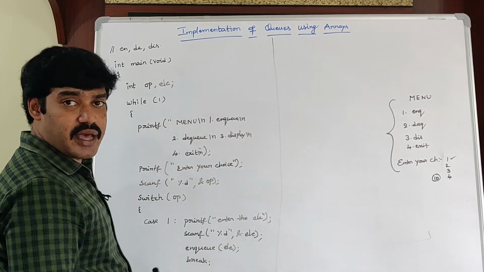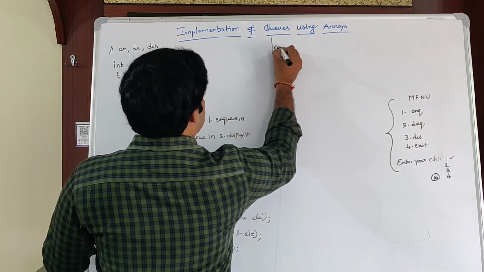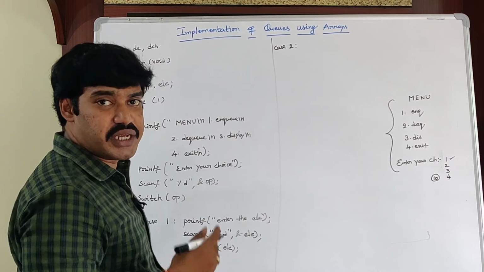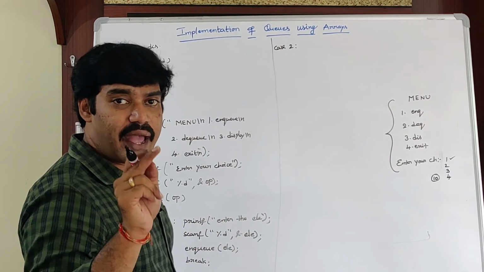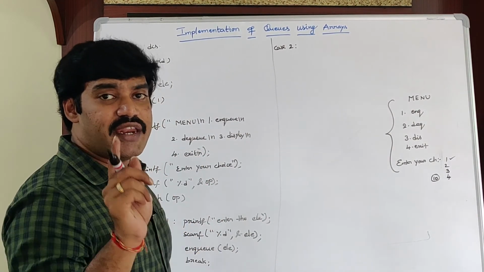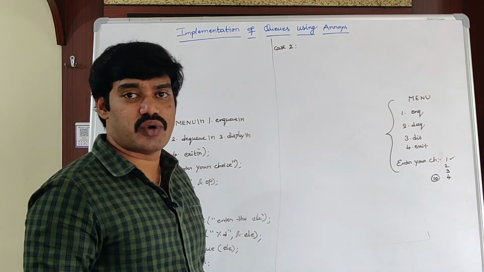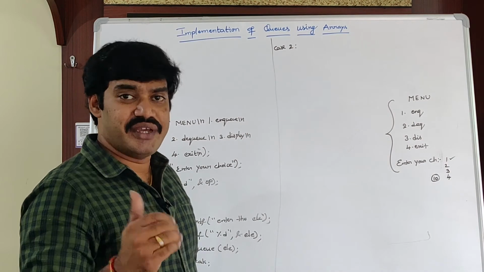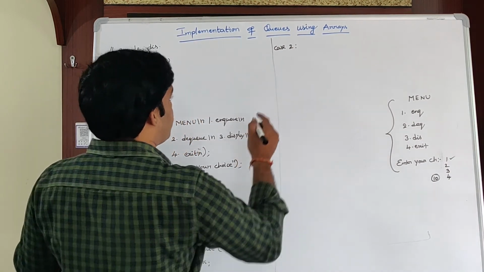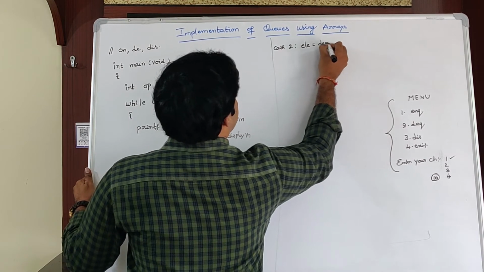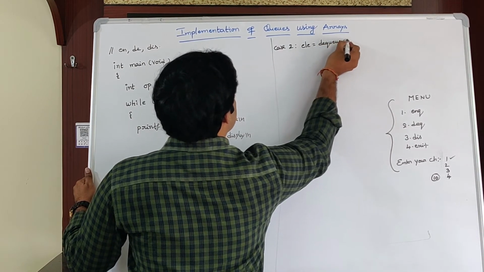Next, coming to case 2. What is case 2? Deletion function. Deletion function returns either -1 or the deleted element. When the Q data structure is empty, it returns -1. Otherwise, it returns the deleted element. So, for that particular purpose, ele is equal to DQ function. I am calling the DQ function.